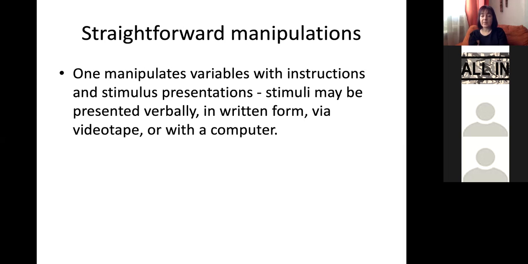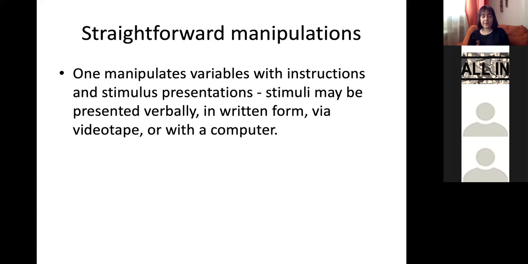We change something in the stimuli, let's say the color or the noise, or we provide specific instructions in written form, or verbal instructions. But it is clear what we manipulate in our experiment, and we are pretty sure that we are making the difference that we want to make between the experimental conditions.